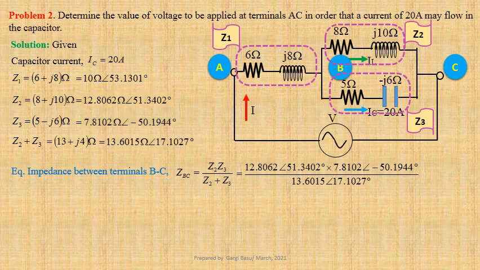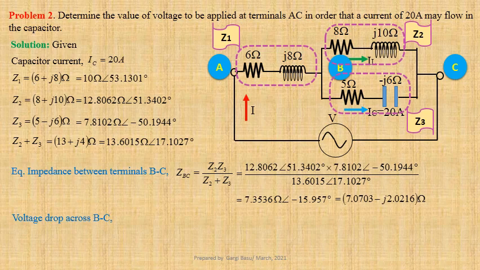That gives us 7.3536 ohm at an angle minus 15.957 degree. In Cartesian form, this may be written as 7.0703 minus J2.0216 ohm. Let us now calculate voltage drop across B and C terminals.